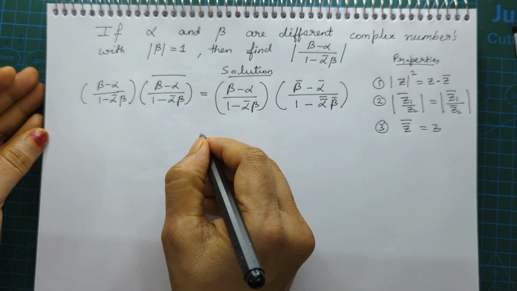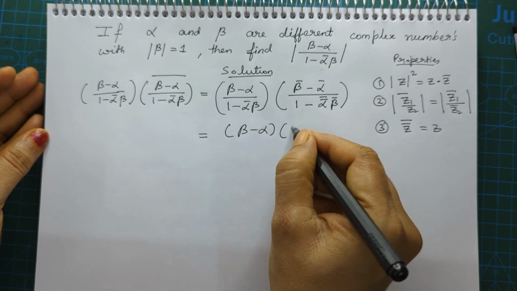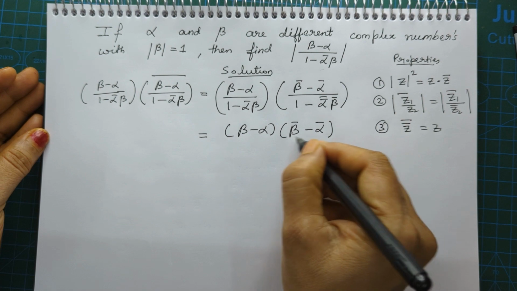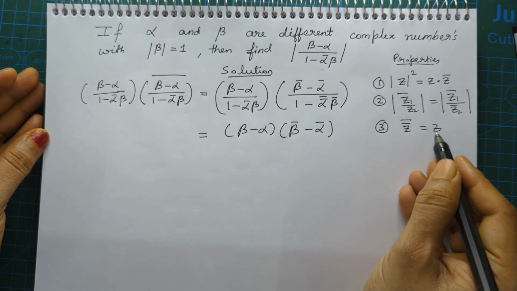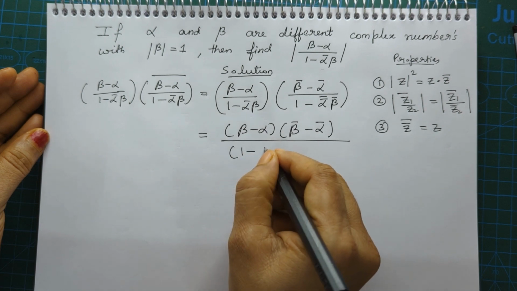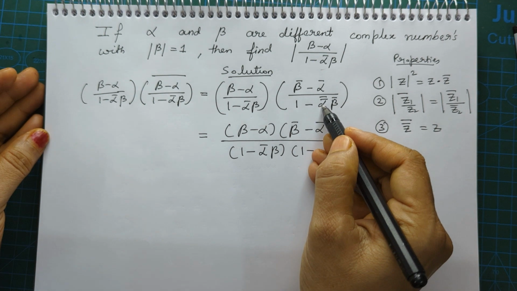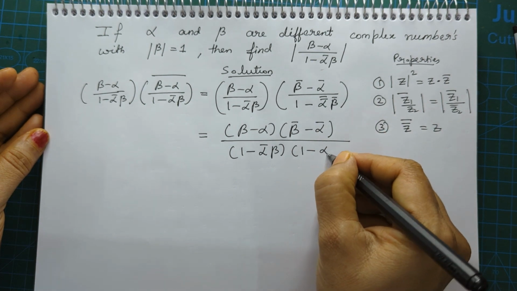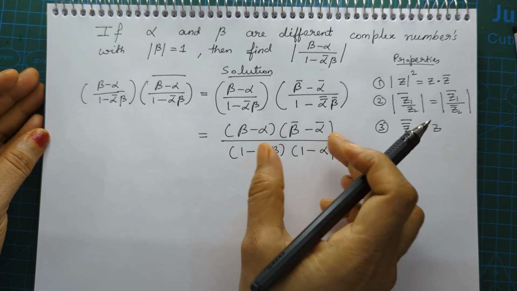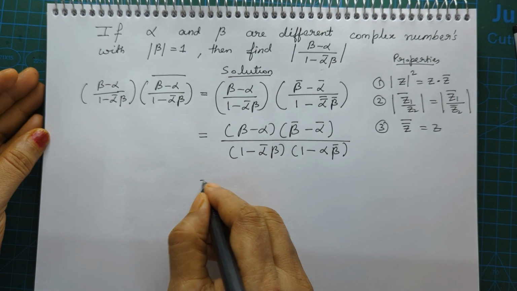Now its continuation is the numerator: beta minus alpha times beta conjugate minus alpha conjugate. Alpha and beta are complex numbers; instead of z, it is written alpha and beta. Denominator: 1 minus alpha conjugate beta times 1 minus alpha conjugate conjugate, which is the complex number itself, means alpha times beta conjugate.